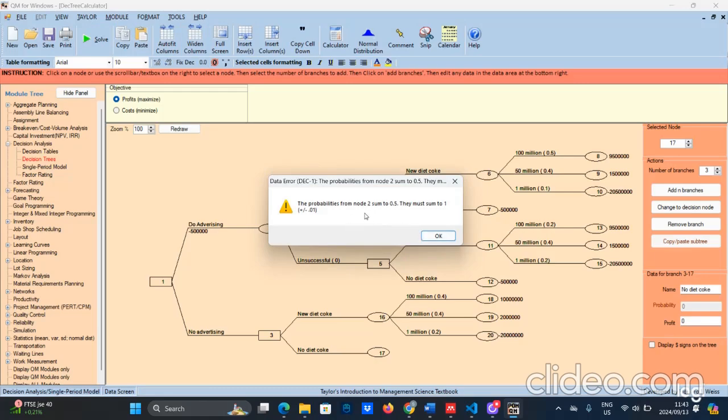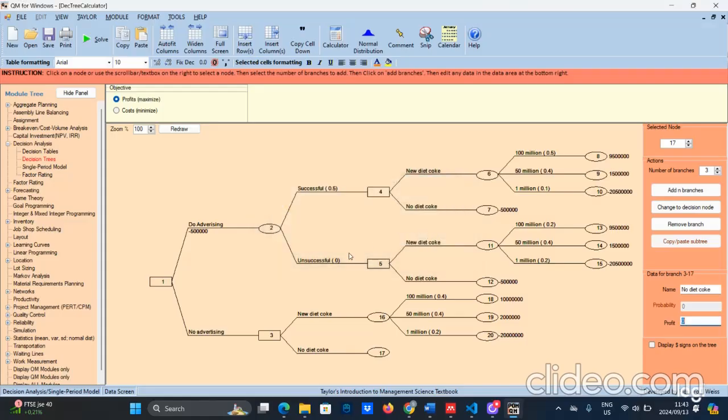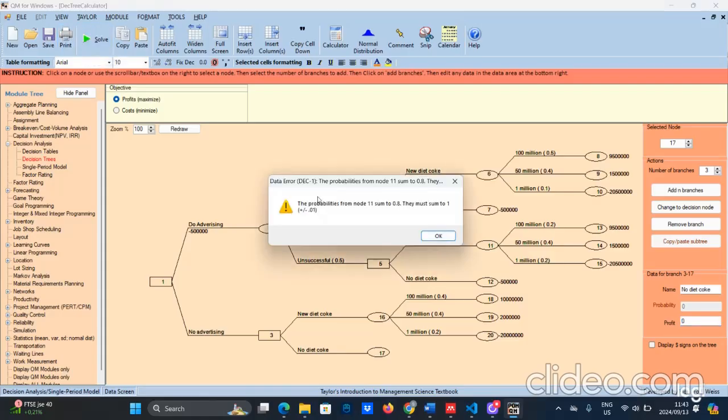So there's an error. They're saying no 2. So here, this node 2. And now you press node 11.